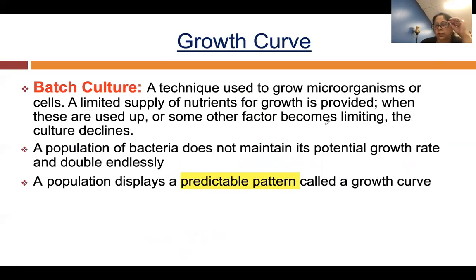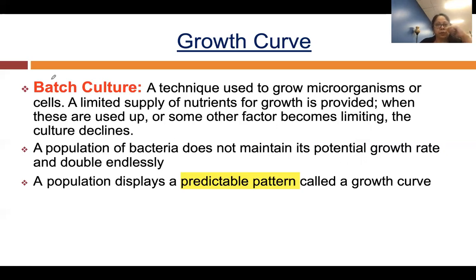Batch culture. When we supply a limited amount of nutrient media and after that we do not provide any extra media, then we can see there are very specific 4 stages of bacterial life.